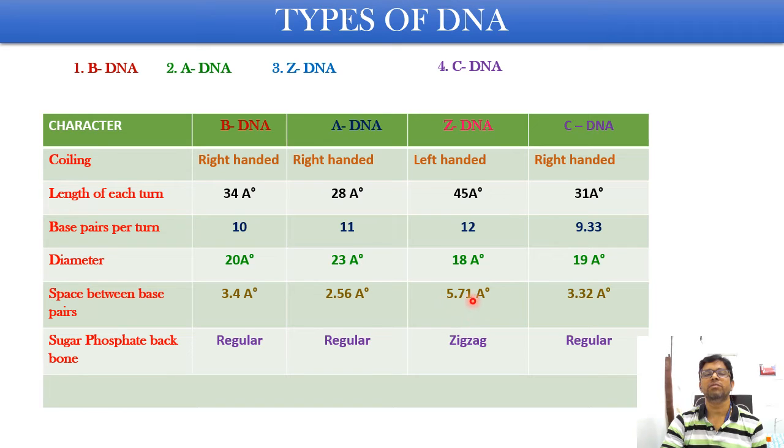The sugar phosphate backbone shows a regular mode of arrangement in bDNA, and a zigzag arrangement in zDNA. These are the main differences between bDNA and zDNA, which are important for your academic semester and examinations.